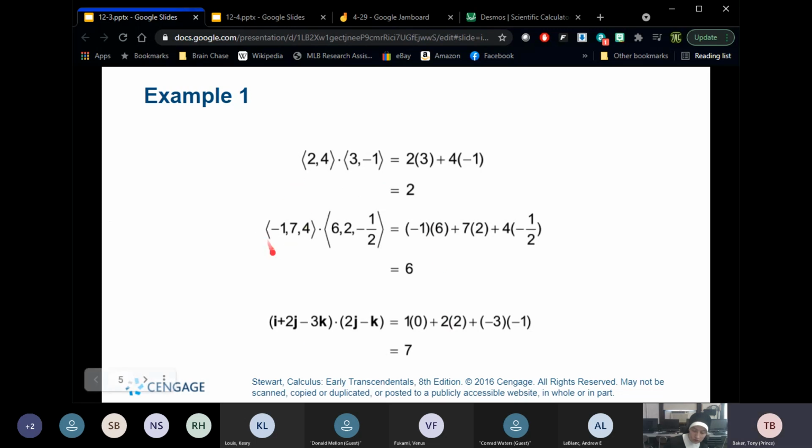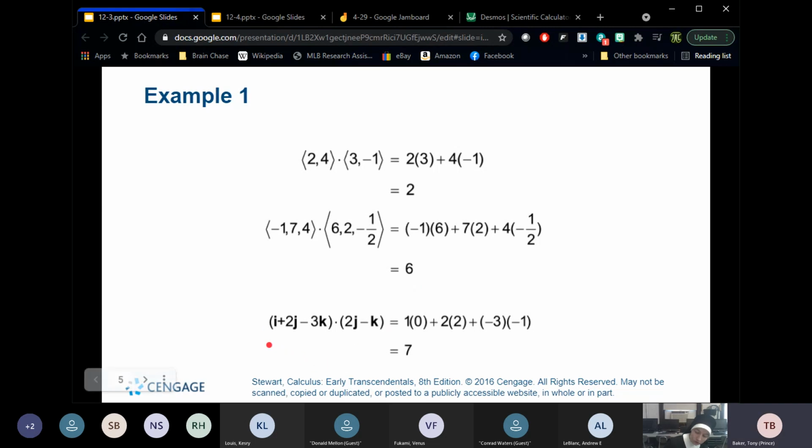Same thing if we were doing it with a 3-dimension vector, so -1, 7, 4, and 6, 2, -1/2. You just do all 3 pieces. So -1 times 6, 7 times 2, and 4 times -1/2. Add those together and you get 6.